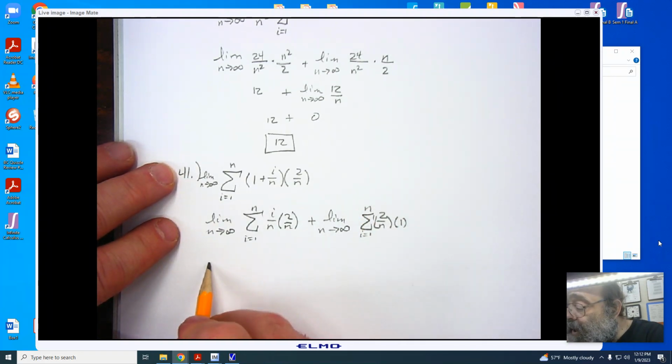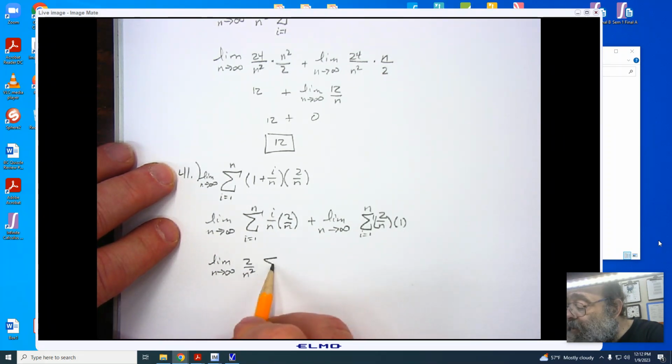Now, as I do this, I have the limit as n is approaching infinity for 2 over n squared times the summation of i.